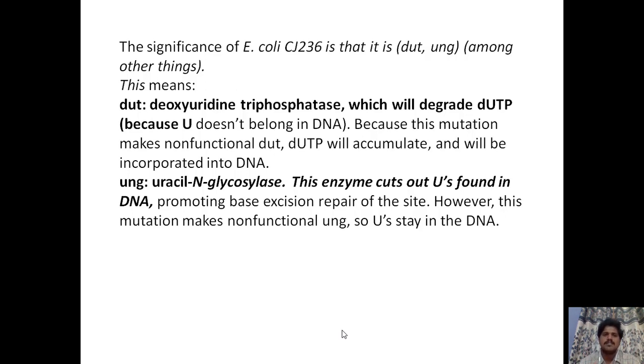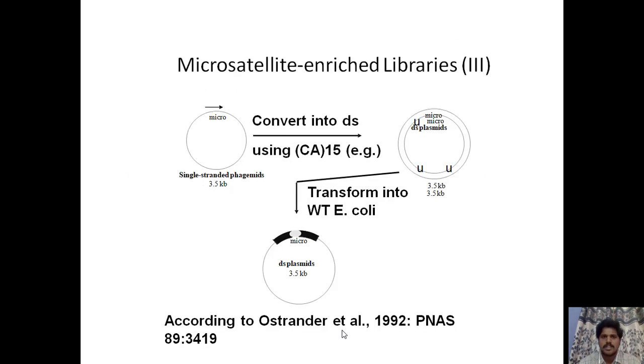Because this mutation makes it non-functional, dUTP will accumulate and will be incorporated into the DNA. And UNG, uracil N-glycosylase, cuts out the U's found in the DNA, promoting base excision repair of the site. However, this mutation makes UNG non-functional, so U's stay in the DNA. So this is the specificity of that.